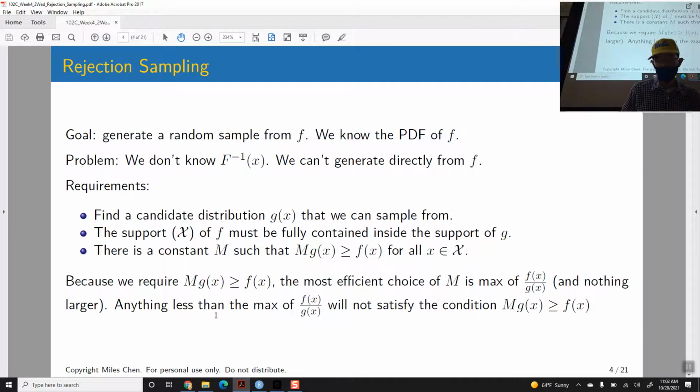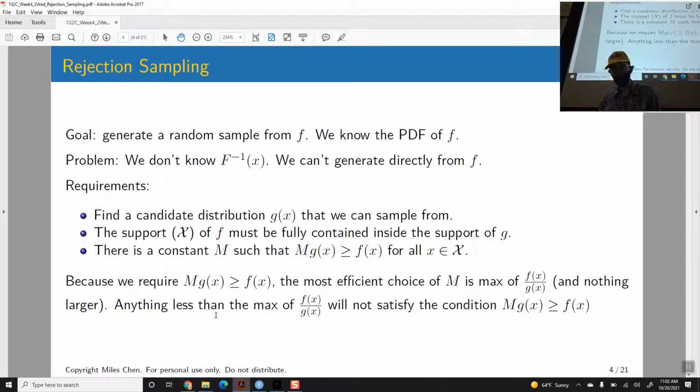The goal, again, is to generate a random sample from some function f. The requirement is that you need to know the PDF of f. But perhaps the problem is that we don't know either the CDF or the inverse CDF, and we're not able to generate values directly from f.